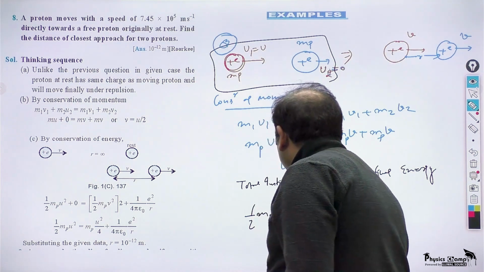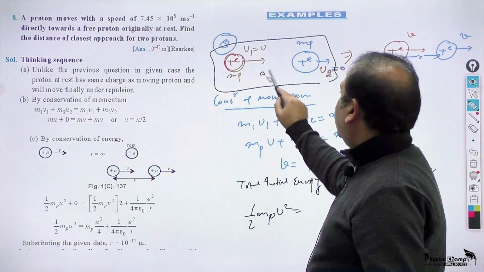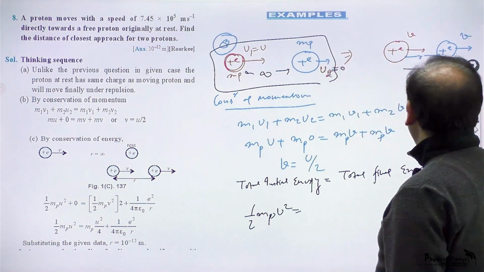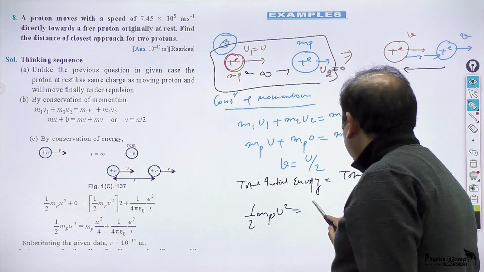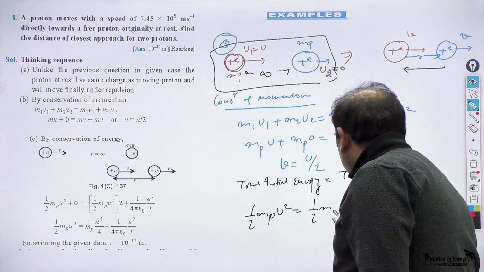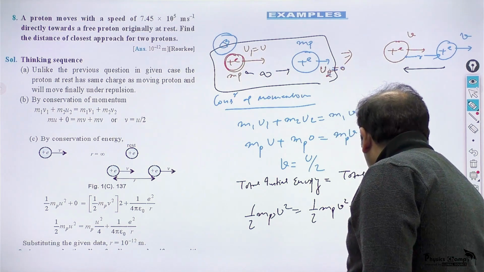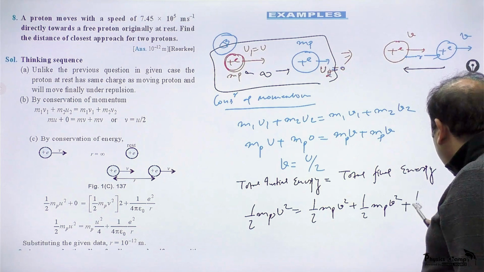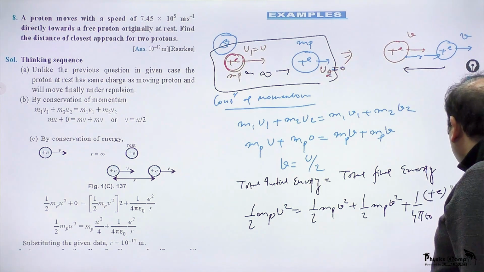There was no potential energy because they were infinitely far apart. But later on, they are kept at a gap r and both are moving. So they will have half mp into v square plus half mp into v square. Both will have this kinetic energy. At the same time, they will have a potential energy, plus e into plus e by r.